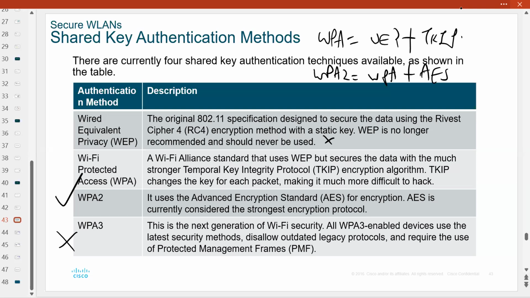With WPA2, currently most technologies that we are using are WPA2. Obviously, WPA3 is an improvement of WPA2, but I'm not so sure how improved it is. I've never encountered WPA3 devices, so I don't have much knowledge of that. But WPA2, we will get through that in a moment.